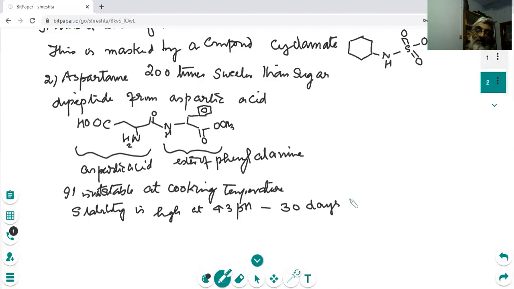Remember, this is the general pH of soft drinks, 4.3 to 5. It is much less stable at pH 7. So this is about aspartame. Then we have a few more which we will discuss in our next class. Okay, thank you.